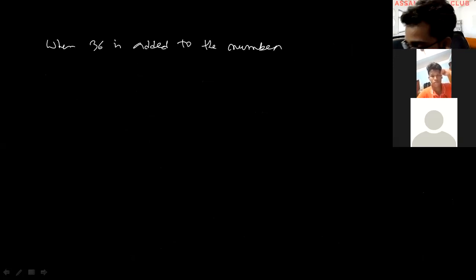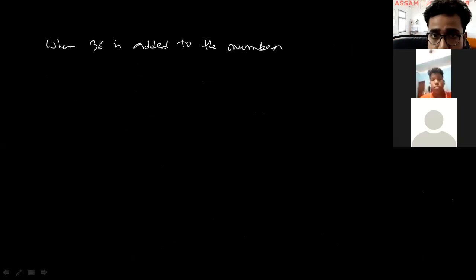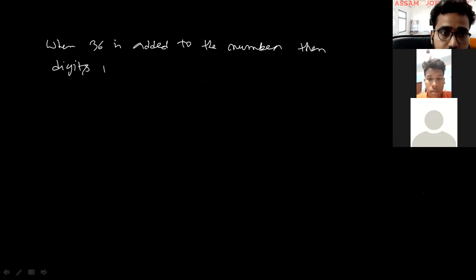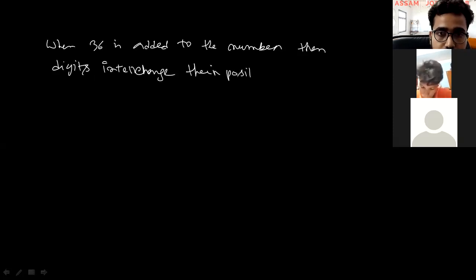Write down. When 36 is added to the number, then the digits interchange their position.